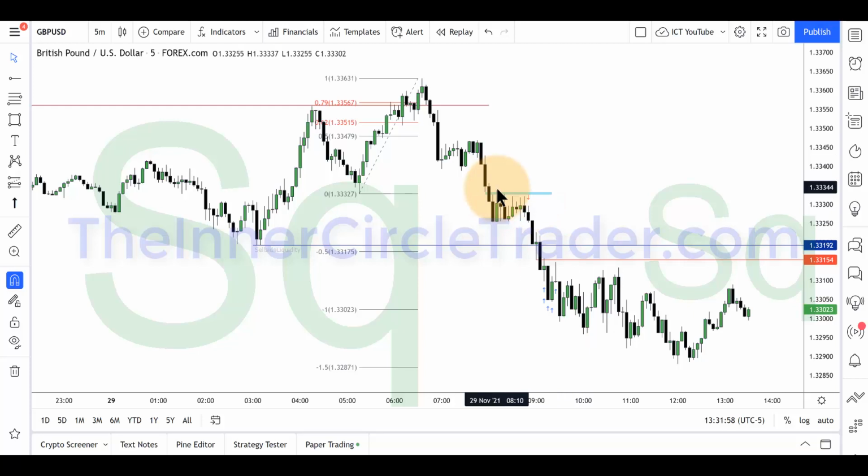Because it went up into that fair value gap and it is inside of this old area of accumulation where it should go up. After the market takes a high and breaks down to the right of that, everything should be looking to sell off. But everything matches up with an old area of buying, now selling. Old area of buying, now selling.